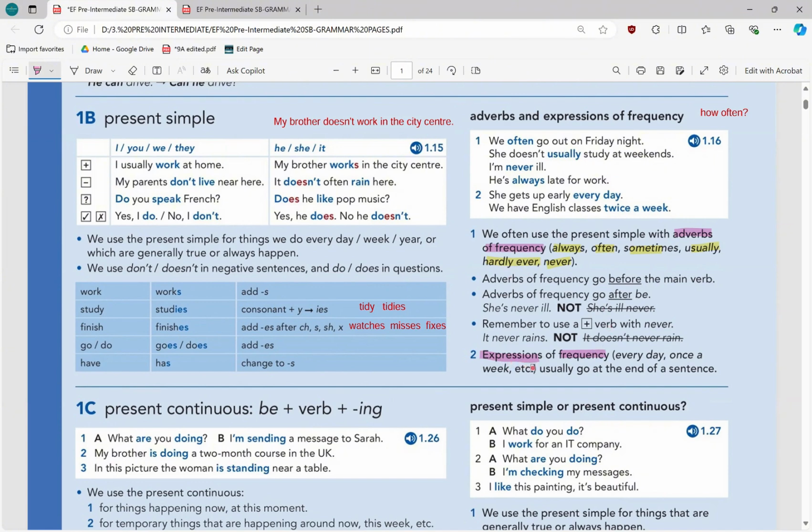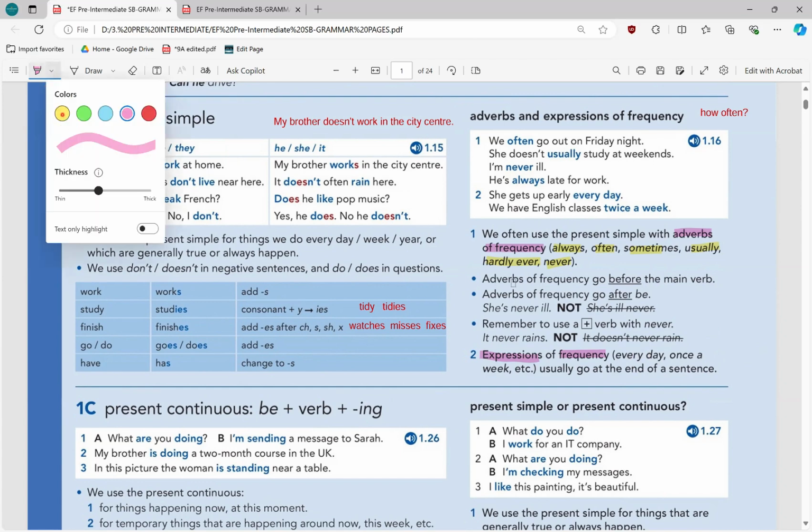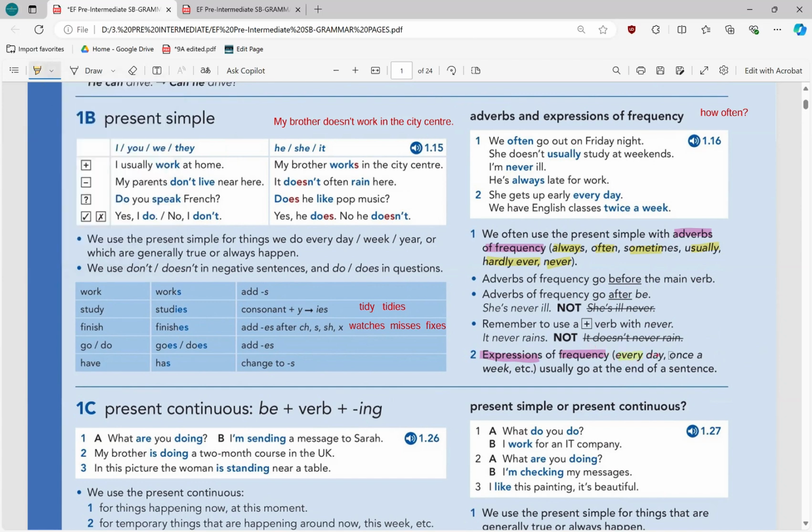Expressions means they consist of 2 or 3 words, like every day, look at that, or once a week, etc. Etc. means and so on.